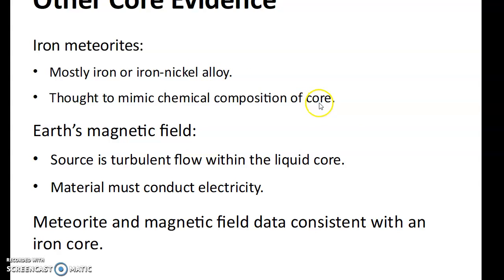There's some information that backs that up from the different seismic data. Earth's magnetic field also helps support that. The source is a turbulent flow within the liquid core, so the material must conduct electricity. The meteorite and magnetic field data are consistent with an iron core. So the data is consistent with that. But until we actually tap down there, we haven't proved it exactly.